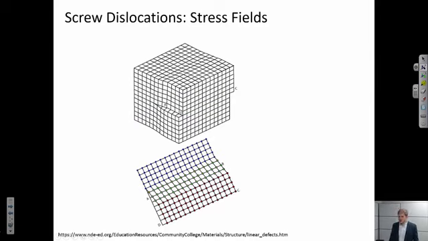Okay, let's talk about stress fields. A screw dislocation is a pure shear dislocation. What that means is there are no regions of compression or tension. It's purely shear. We can see this if we are looking at the projection down, for example.